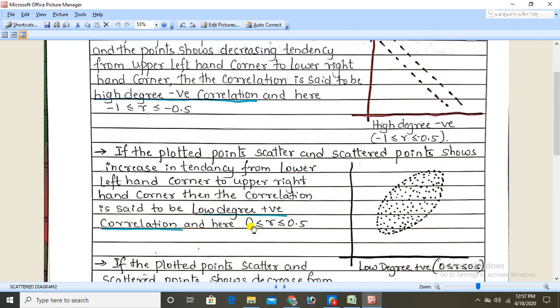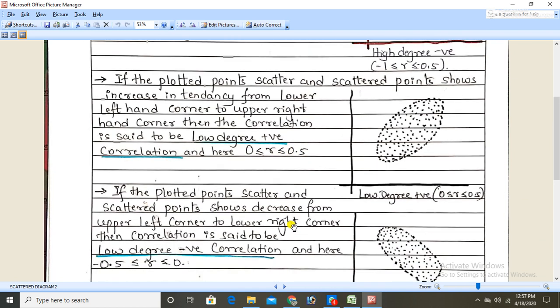Here 0 is less than or equal to r, and r is less than or equal to 0.5.